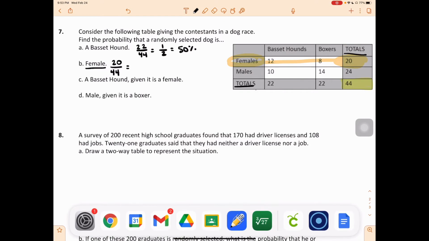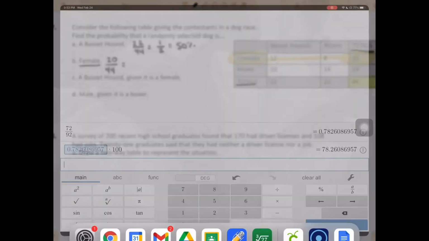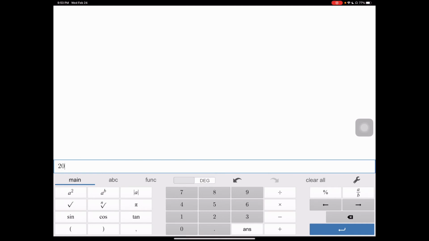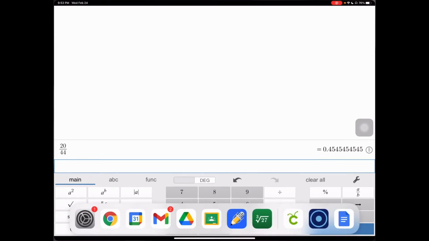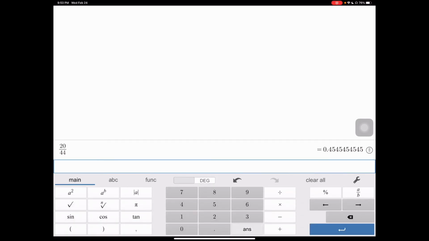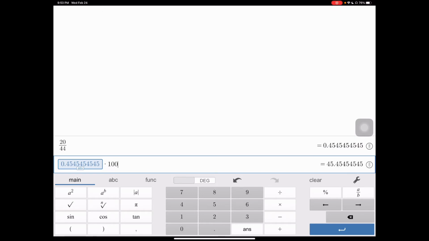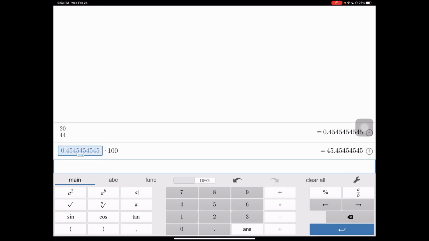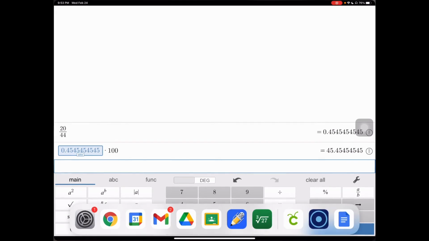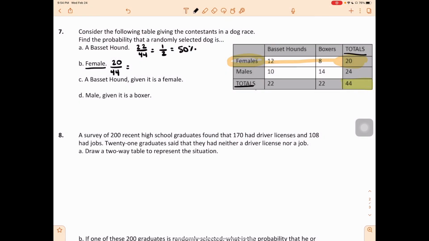So we could divide that. 20 divided by 44, we get 0.45, with the 45 repeating essentially. So if you were to multiply that by 100, you're going to get about 45.5%, if you were to round that. So about 45.5% of the dogs in this race are female.